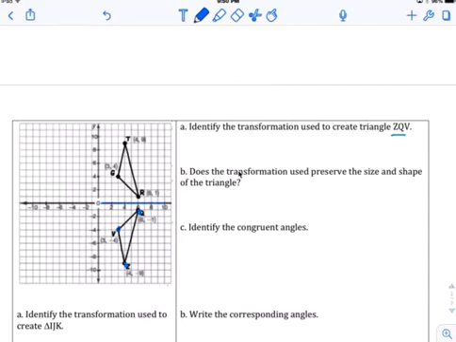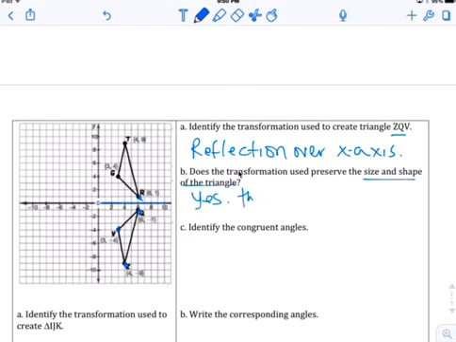It's the exact same movement, reflection over the x-axis. Does the transformation preserve the size and shape of the triangle? Yes, it does. The triangle is the same. It's congruent.